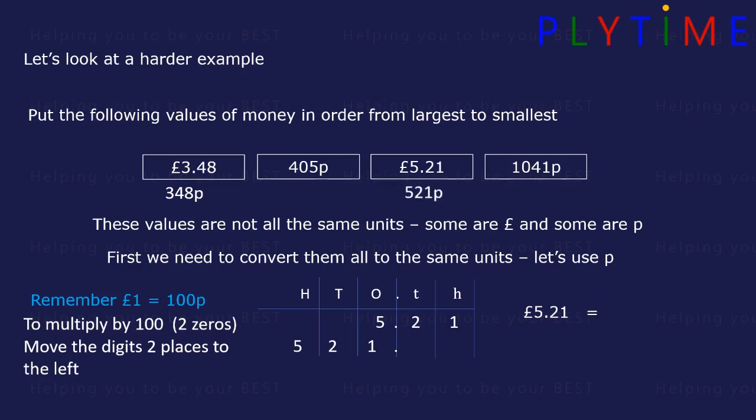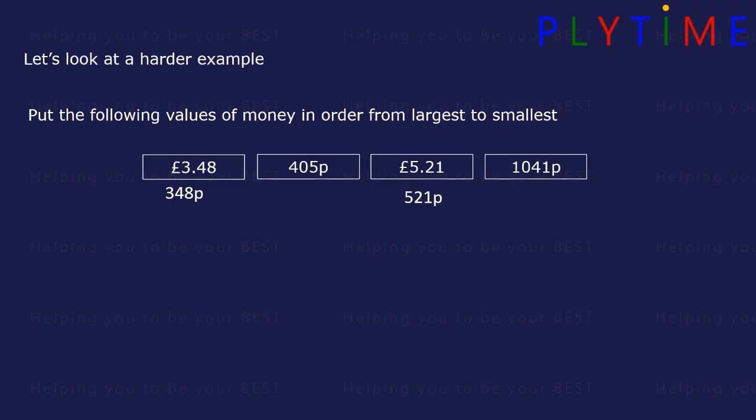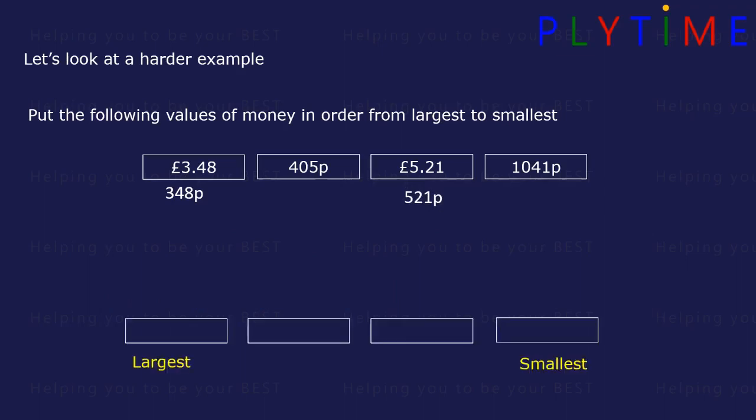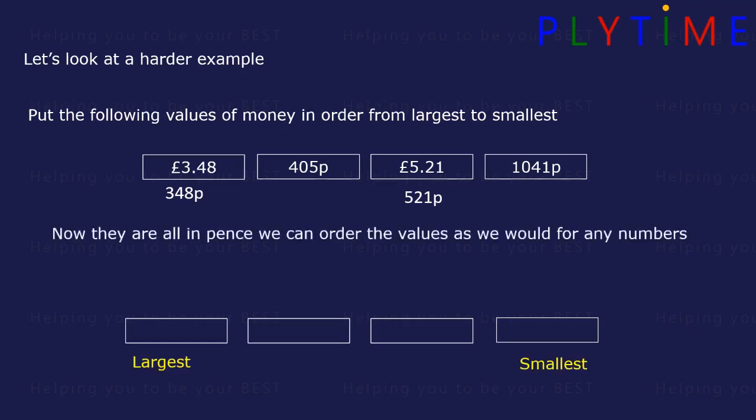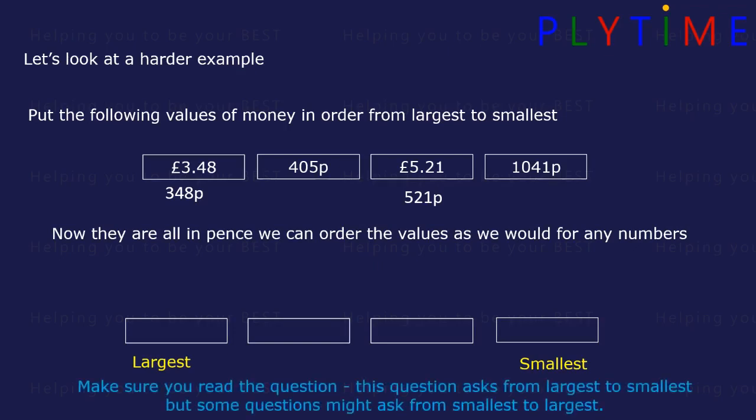Now they're all converted to pence, we can start to compare them. Read the question, it's from largest to smallest. We can order the values as we would for any numbers. This question asks from largest to smallest, so the largest value is 1041p.